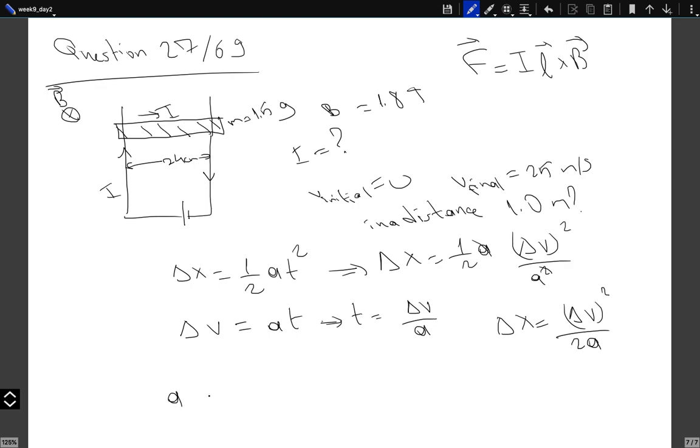Or the acceleration that this rod should feel should be delta v squared over twice delta x. Well, we know how much speed change we are looking for. The speed change should be 25 meters per second, divided by 2 times delta x, which is 1 meter.